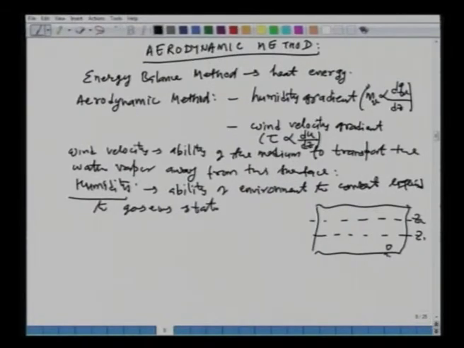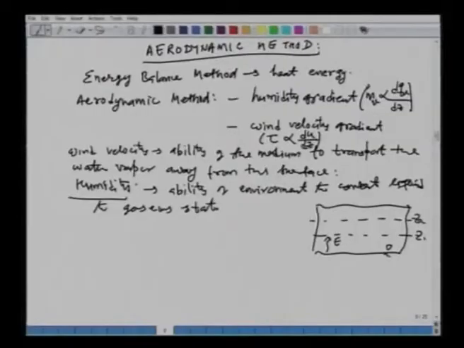Then what is actually happening is water is getting evaporated, this is evaporation. Due to the heat energy and the humidity gradient, the water gets evaporated into the gaseous phase, and then because of the ability of the wind or the medium to transport that evaporated water away from the water body, you have some tau or the momentum flux taking place, and that is removed with the effect of the wind.